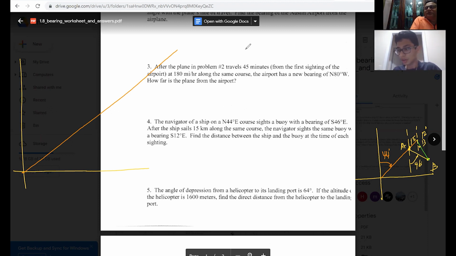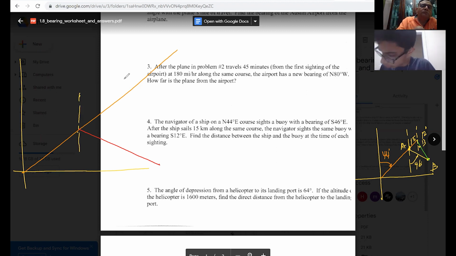It's just a bigger diagram, but nothing to do with the scale.